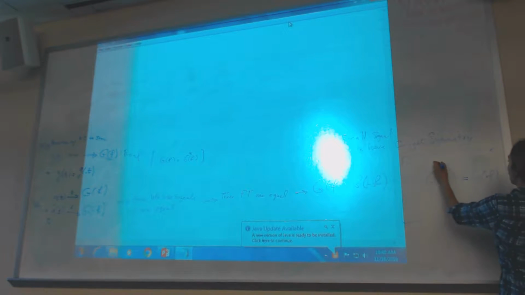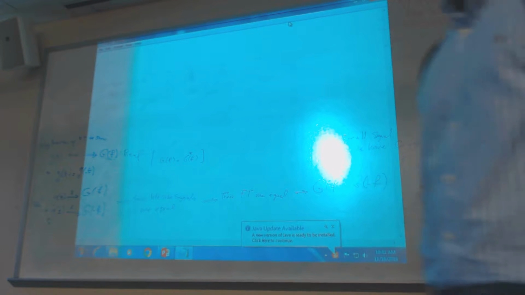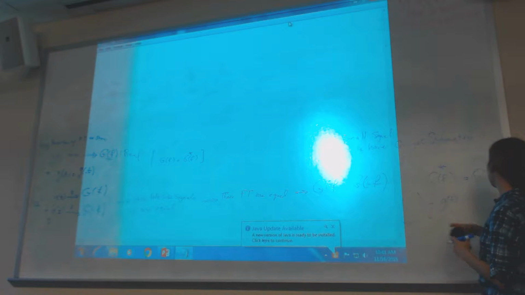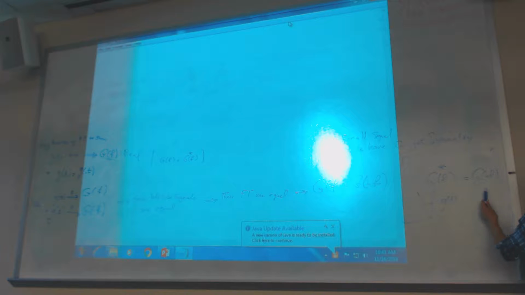So one of them can be conjugate. Doesn't matter which one. I don't remember, it's just the name tells me everything. Instead of being symmetry, it's conjugate symmetry. So one of them is conjugate. Okay, so we are done. And this is for all g of t, not just the symmetric one. So G of f is equal to G of negative f, and G of negative f is equal to G conjugate.